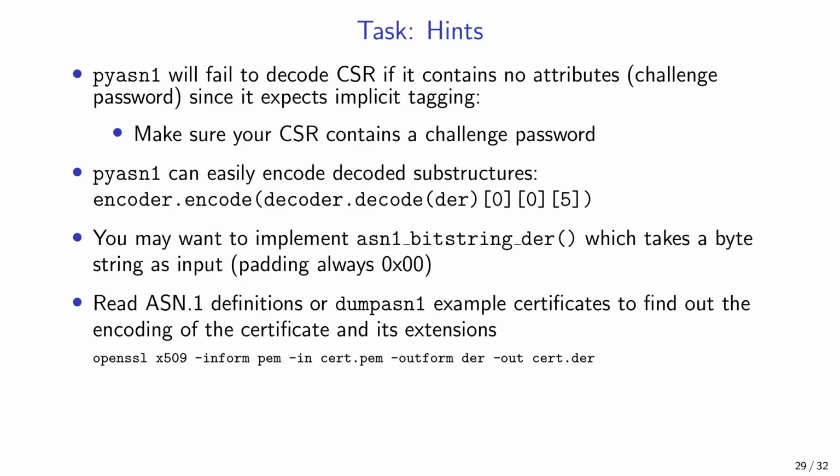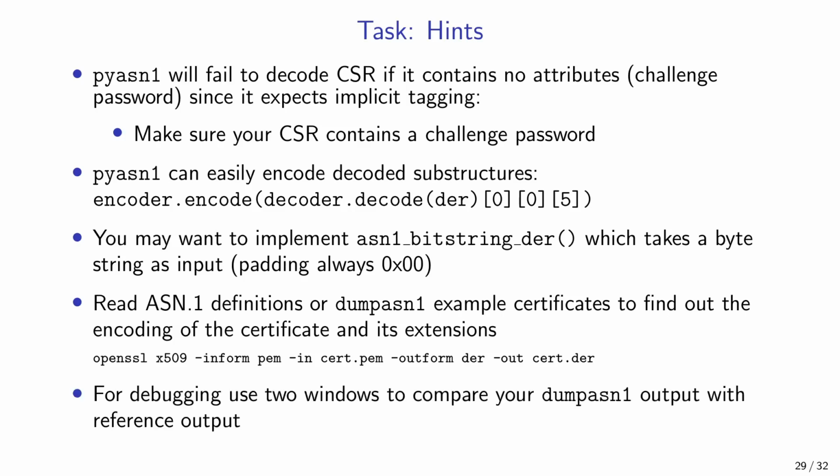Don't be surprised that at the beginning you'll probably get ugly errors when OpenSSL tries to decode your incorrect certificate structure. For debugging, use two windows or tabs to compare the dump ASN1 output of your issued certificate with the dump ASN1 output of some known good reference certificate. You should be able to visually spot the difference in the structures.